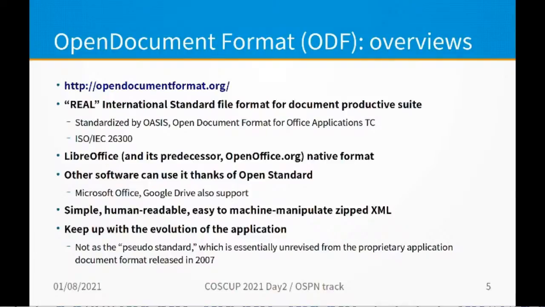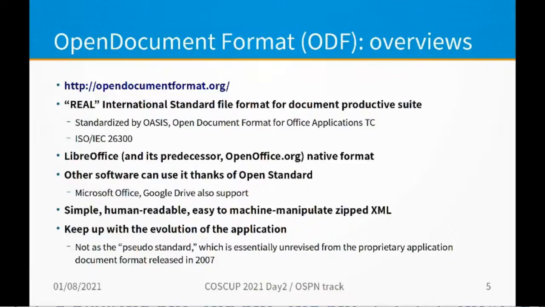And this is the native format of LibreOffice and its predecessor OpenOffice.org. Not only LibreOffice, but also any other software can use it thanks to the open standard. For example, Microsoft Office reads and writes Open Document Format, and Google Drive also supports it.